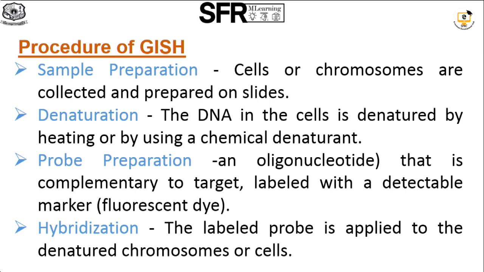The fourth step is hybridization. The labeled probe is applied to the denatured chromosomes or cells. So these are the basic steps of the GISH procedure: first sample preparation, second denaturation, third probe preparation, fourth hybridization.